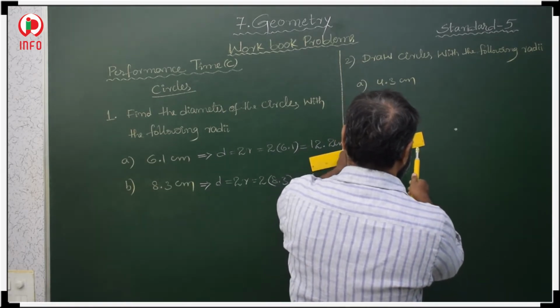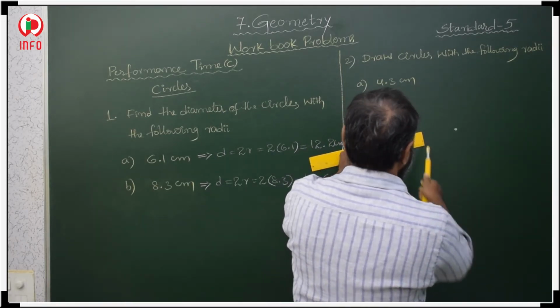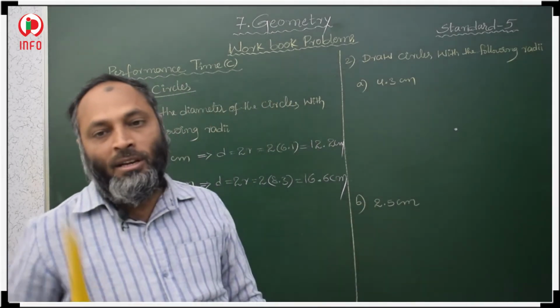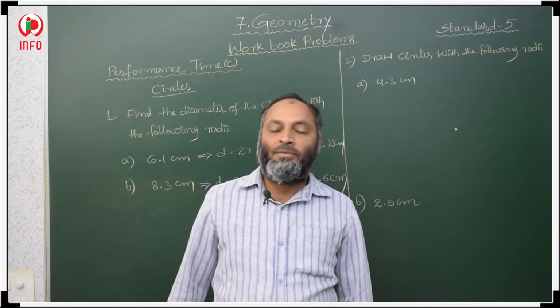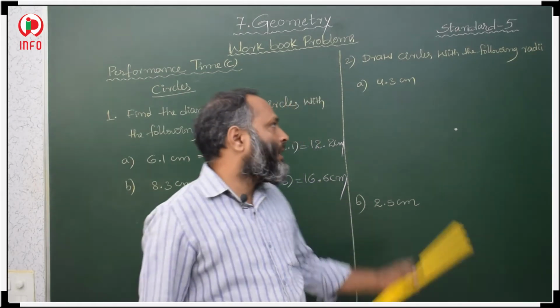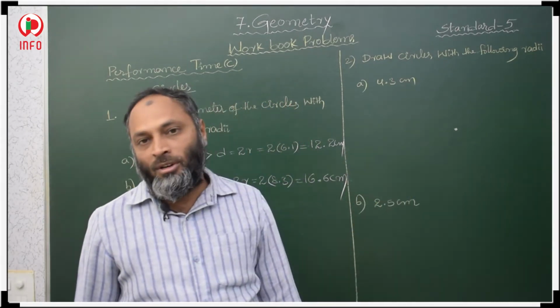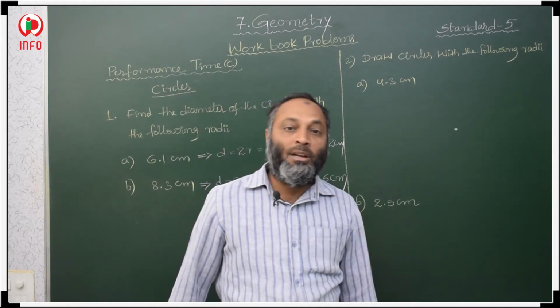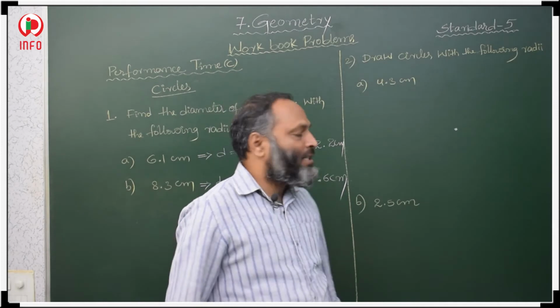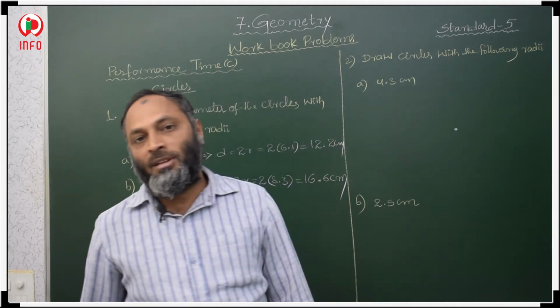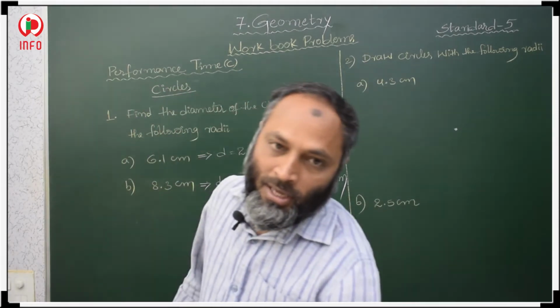So this radius we have to measure with the ruler. Here I am taking a scale of 1 centimeter as 4 centimeters, because if I take 4.3 centimeters on the board, it looks very small, but in your notebook it's big. I am constructing a circle.